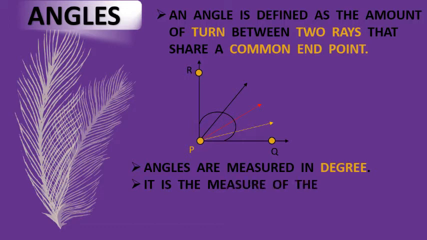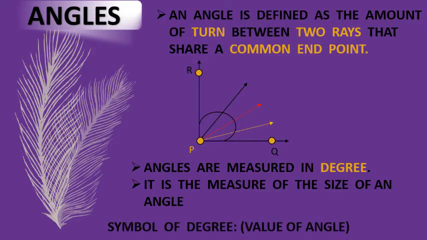It is the measure of the size of an angle. Suppose this angle is 90 degrees. So how will you use the symbol of degree? First you have to write the value of the angle, and then you have to use the symbol of degree, and the symbol of degree is a small o, right? A small o. I hope you have understood this also.